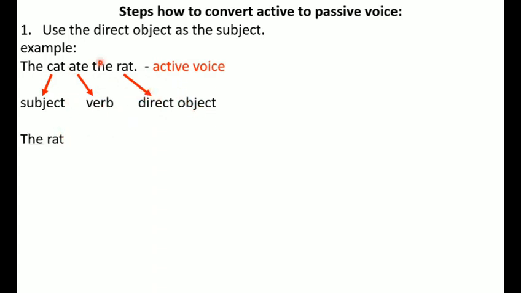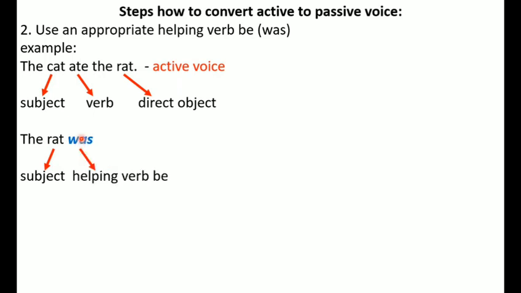First step, use the direct object as a subject. Our direct object is rat, so the subject is rat. Okay. And then followed with was. This is our helping verb.